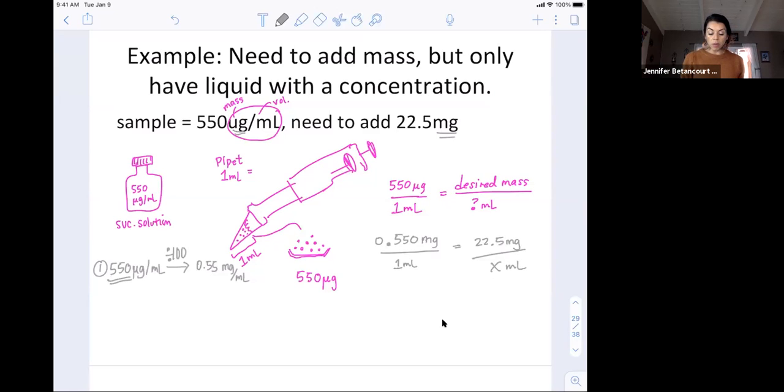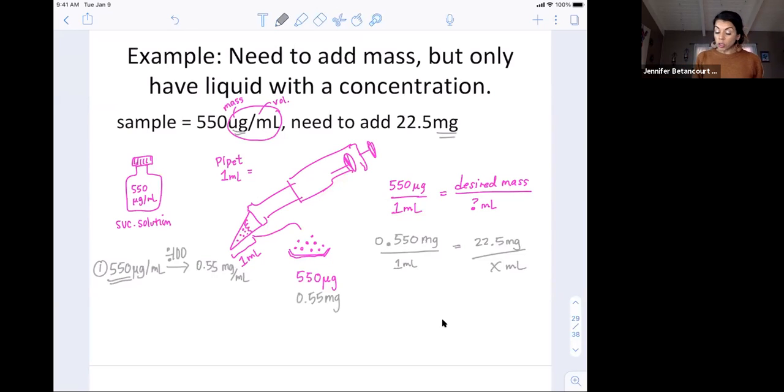So dividing by 1,000 gives you 0.55 milligrams per milliliter. Hopefully everyone agrees with that. So essentially what that means is every time you set this pipette to 1 milliliter, you're actually taking 0.55 milligrams.